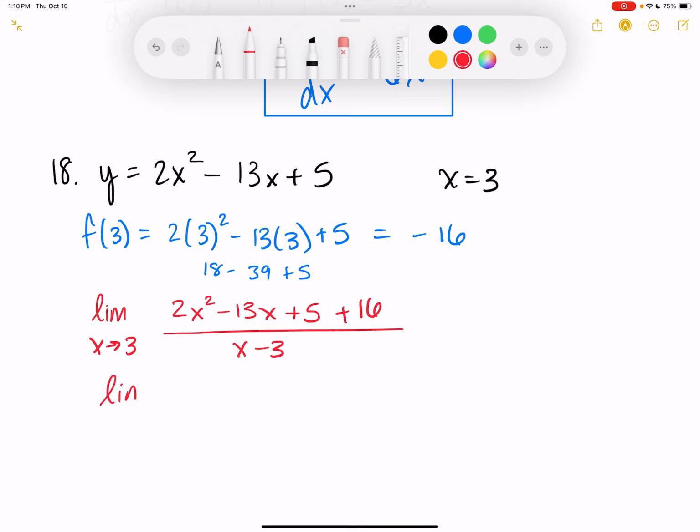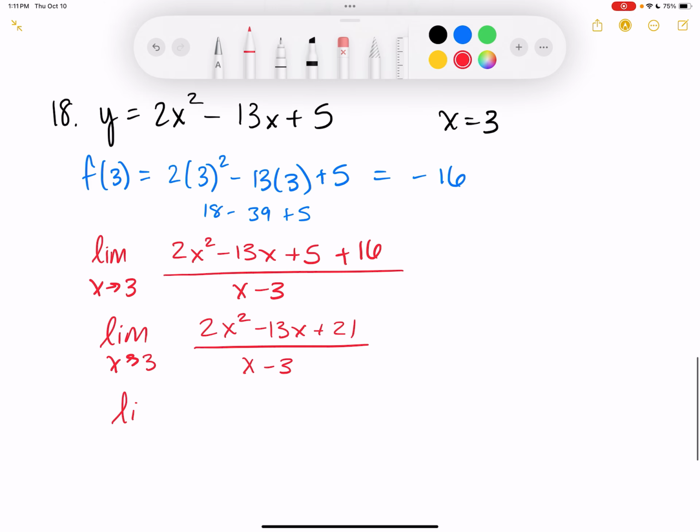So the top simplified would be 2x squared minus 13x plus 21 over x minus 3. Now, I would personally see if you can factor, because obviously that makes life way easier. So, limit as x approaches 3.